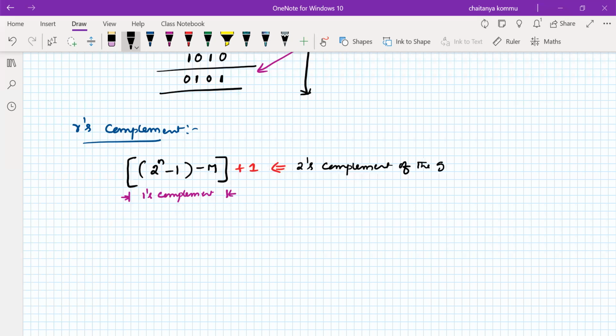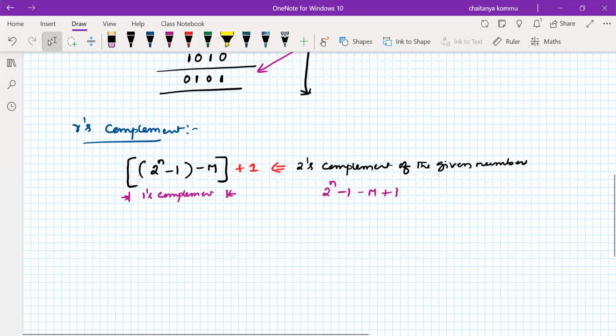Agreed? Mathematically we can simplify this one because 2 power n minus 1 minus m plus 1, the 1 and the 1 will get cancelled. Therefore 2 power n minus m will be the answer for this.